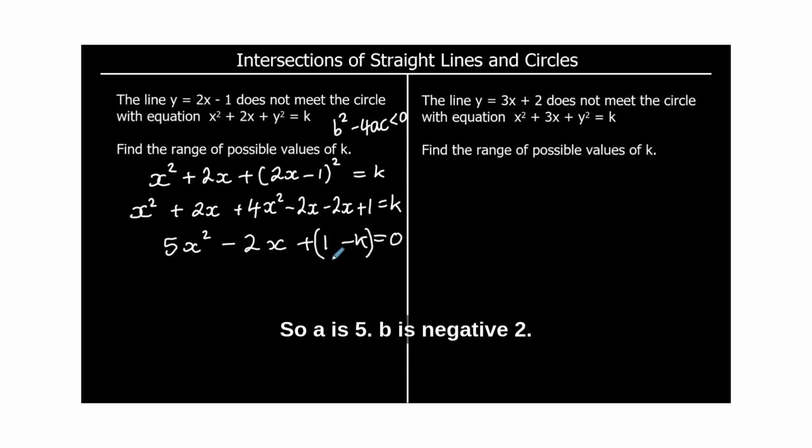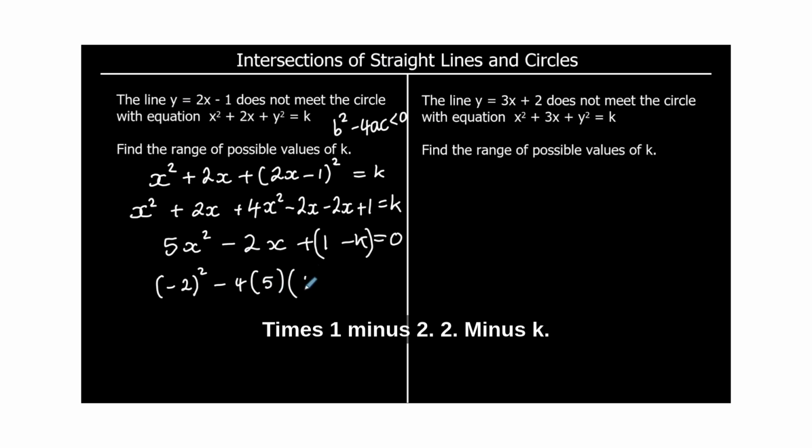So a is 5, b is negative 2, c is 1 minus k. We know b squared minus 4ac is negative. That's (negative 2) squared minus 4 times 5 times (1 minus k). B squared minus 4ac is negative, less than 0.